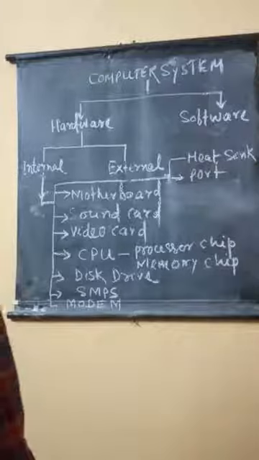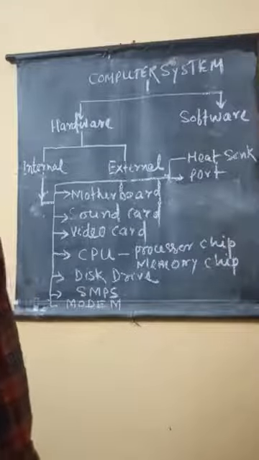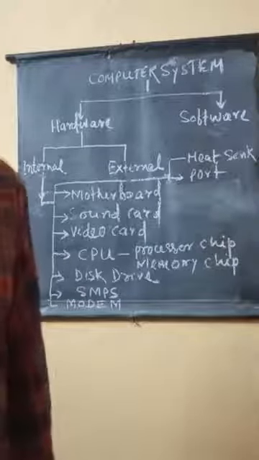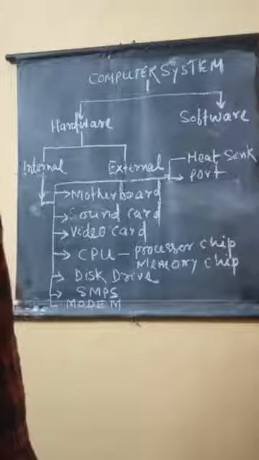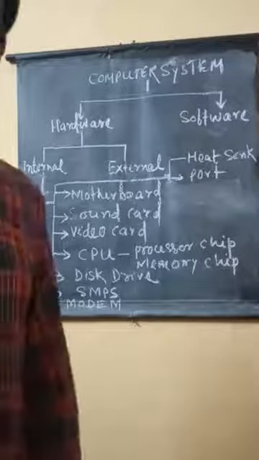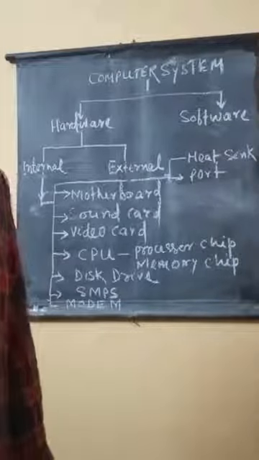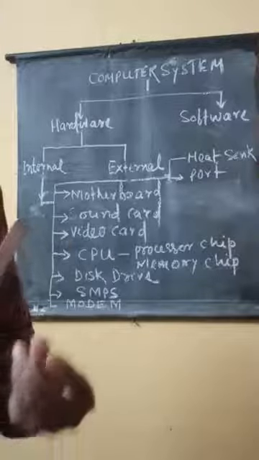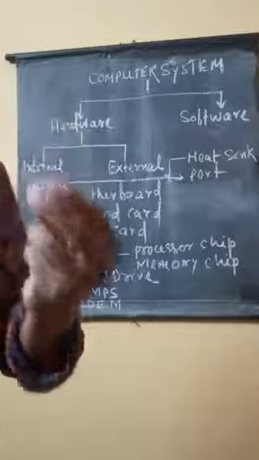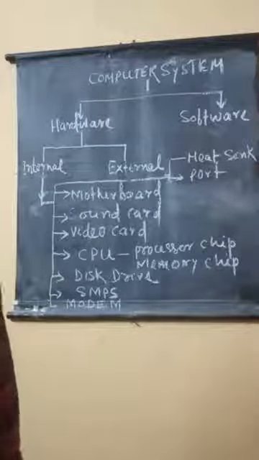Then in the receiving case, the sound card can convert the analog audio data from the microphone into digital data that can be stored in the computer. While you are speaking, another work is also performed by the sound card. When you are speaking through the microphone, that microphone is connected to the computer. Whatever you are speaking into the microphone, the microphone receives it as analog sound.